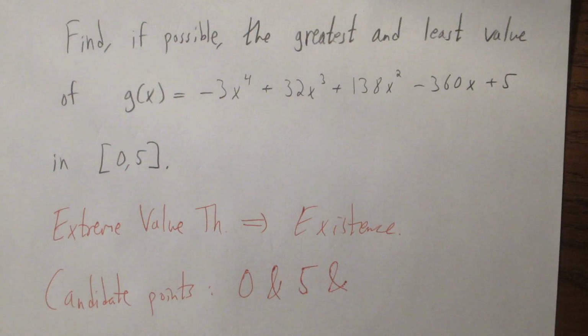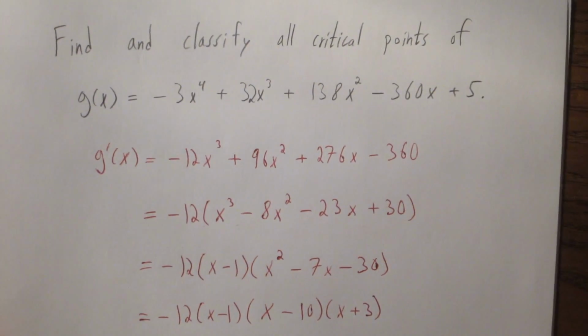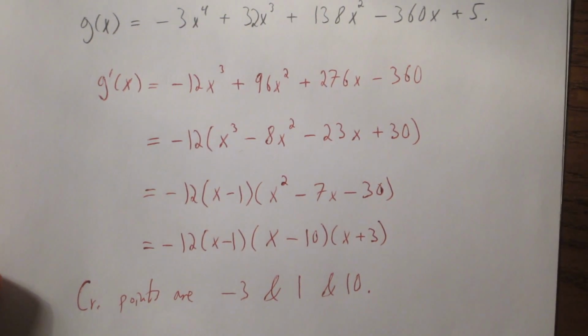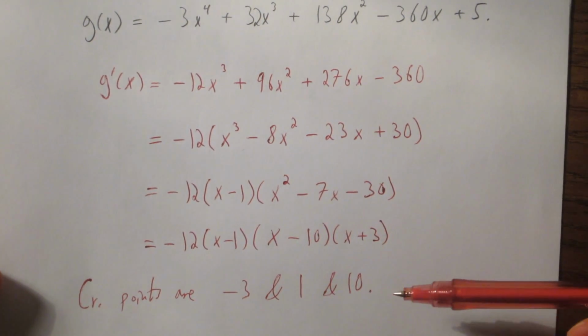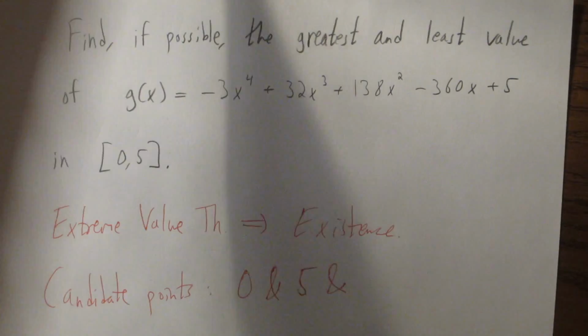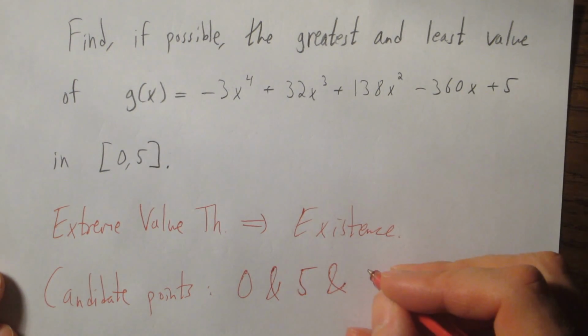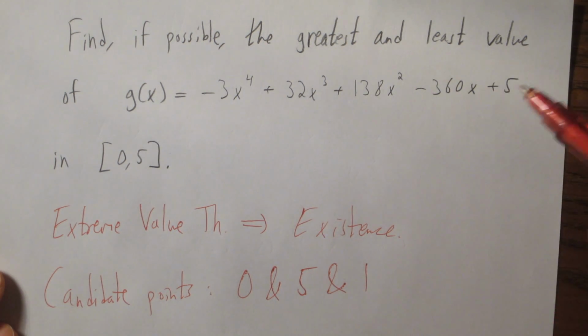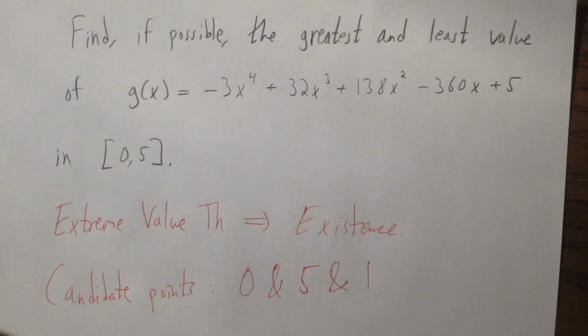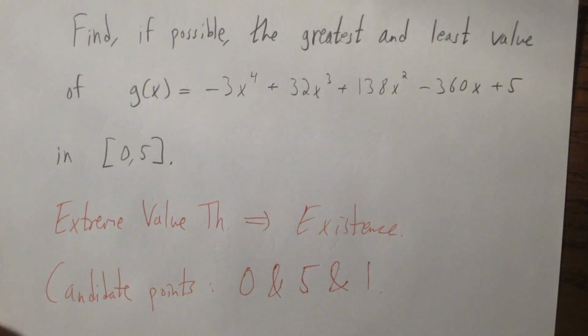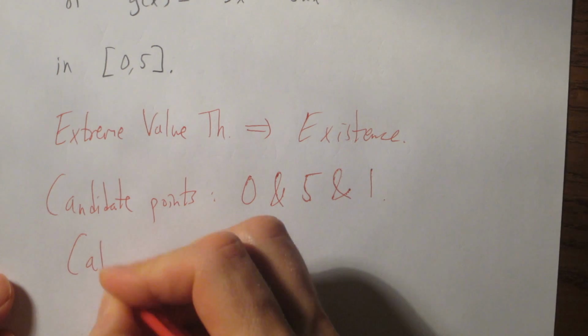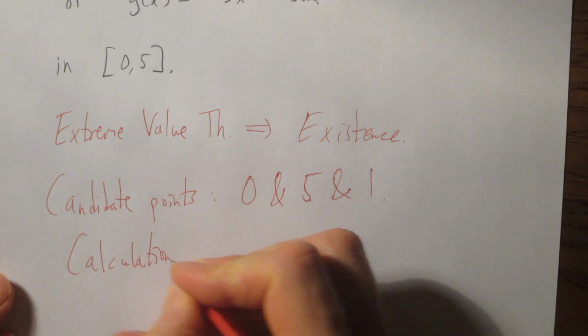This is our friend from the previous exercise where we found that g has 3 critical points, minus 3, 1 and 10. However, only one of these critical points lies in the interval over which we are maximizing and minimizing our function g. So we get 3 candidate points for where the function g might take these values. Now it's calculation time.